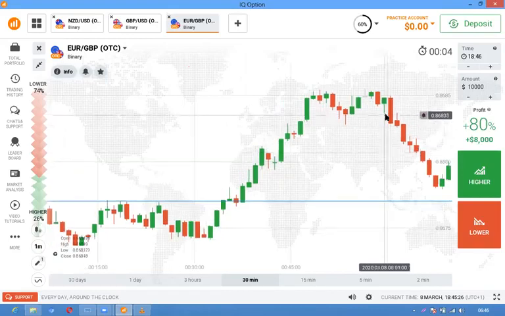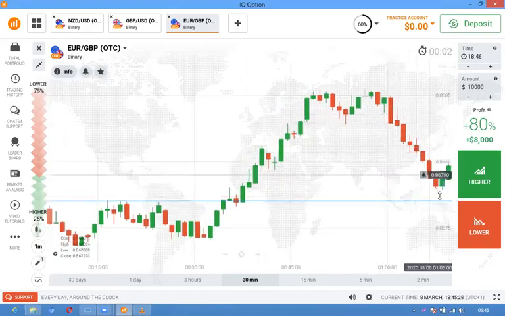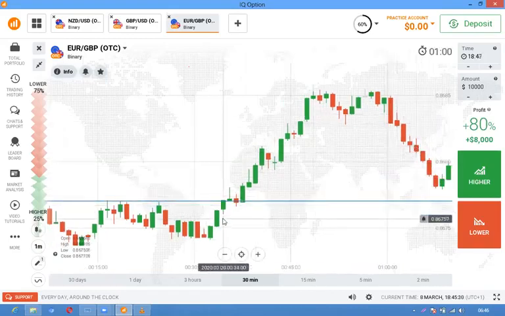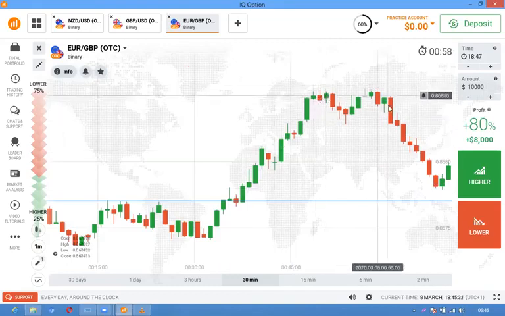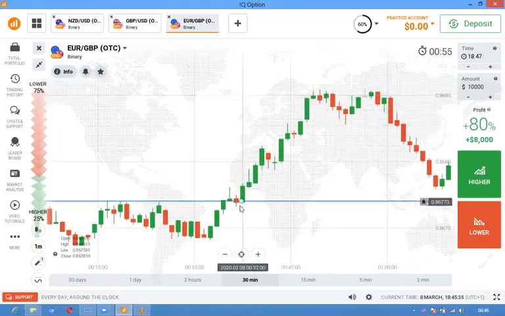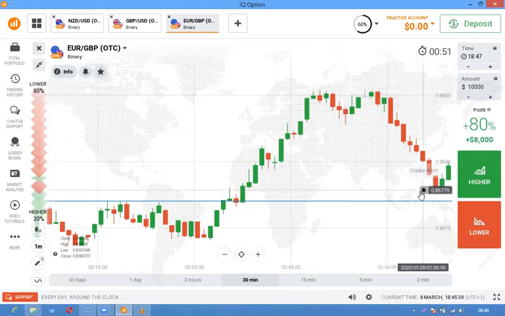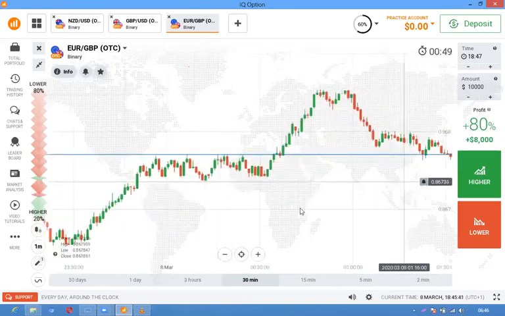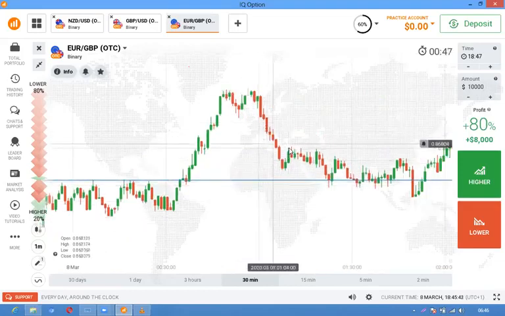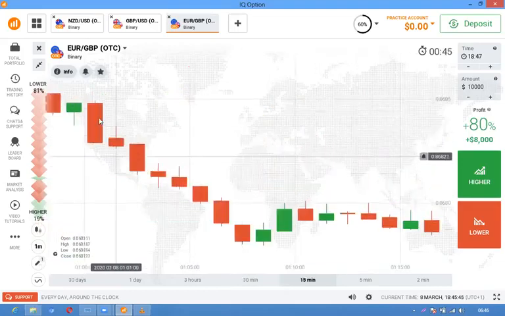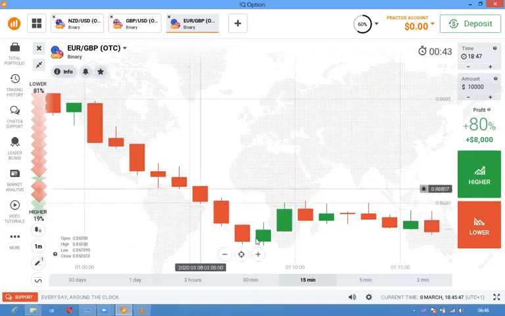That's why the sellers take over, forming a bearish movement here. Like I told you, whatever happened on the left side will also happen on the right side. If you see a momentum on the left side, then you must see a momentum on the right side. That's one of the reasons why you always see me placing put options in this type of market.